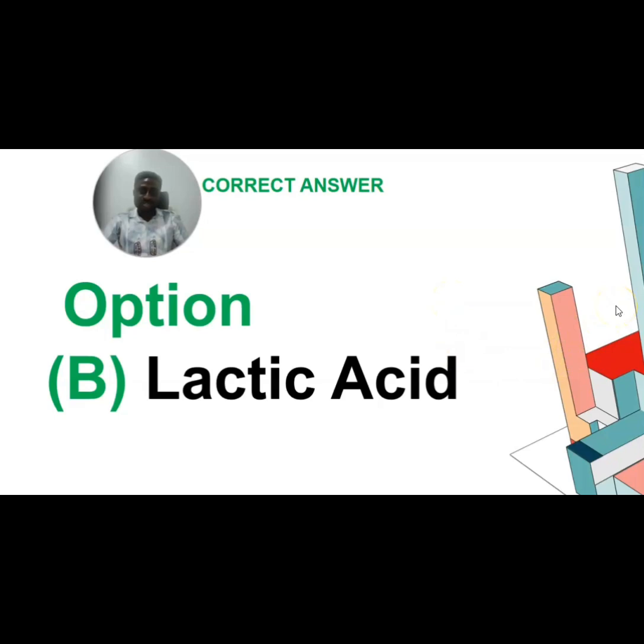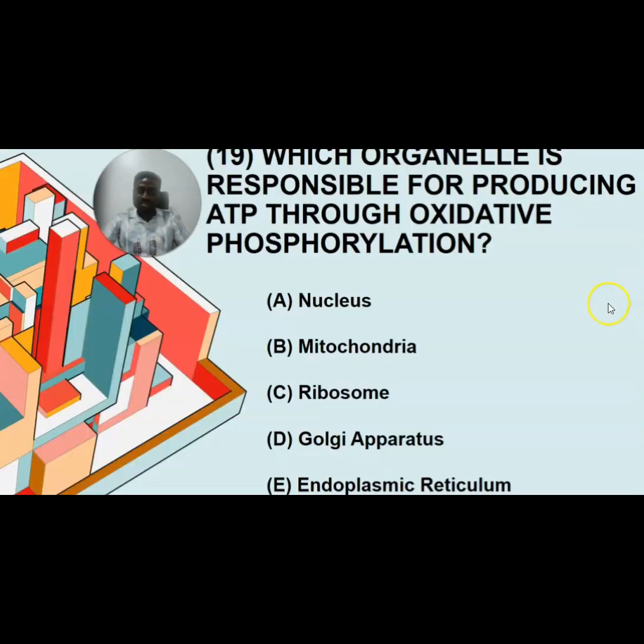All right, it says which organelle is responsible for producing ATP through oxidative phosphorylation. An organelle in the cell of plants or animals refers to a particular component that performs a specialized function. ATP is a form of energy that is absorbable by the body's cells and tissues through cellular respiration.